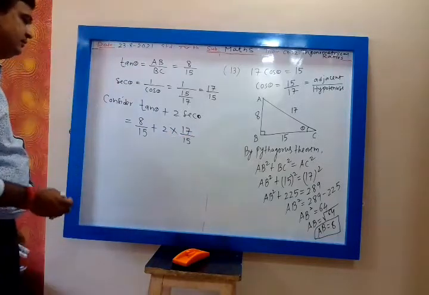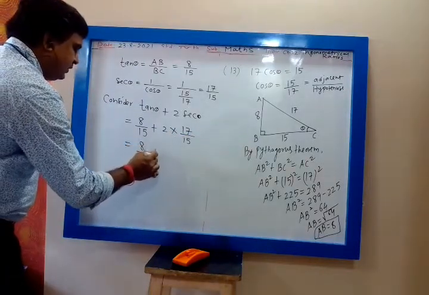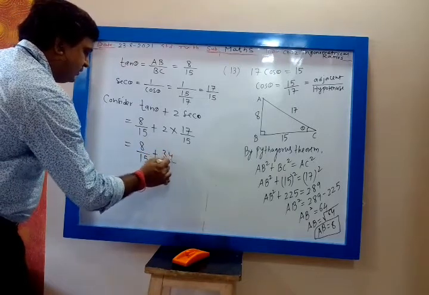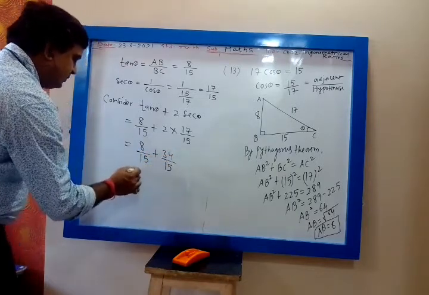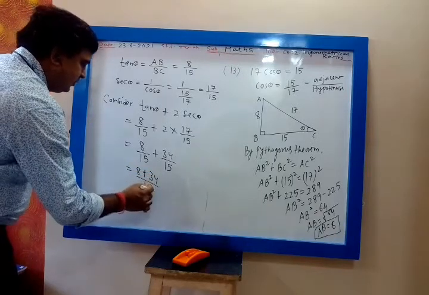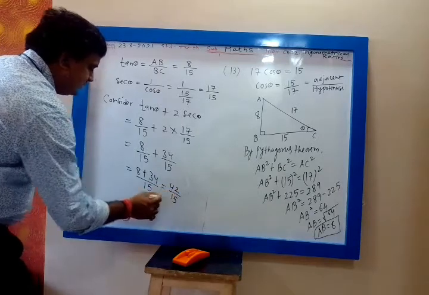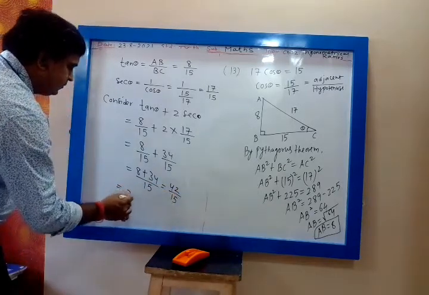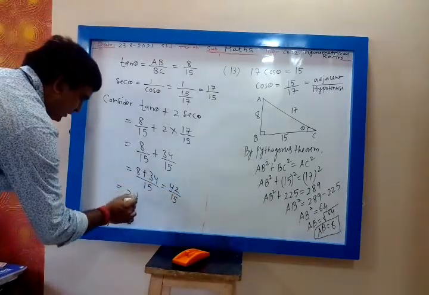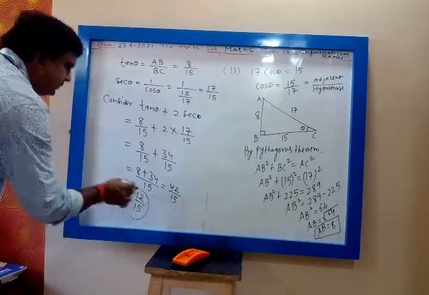So 8 by 15 plus 34 by 15. So that is 8 plus 34 by 15, 42 by 15. You can write it as a mixed fraction. 15 2s are 30, 2 and 12 by 15.